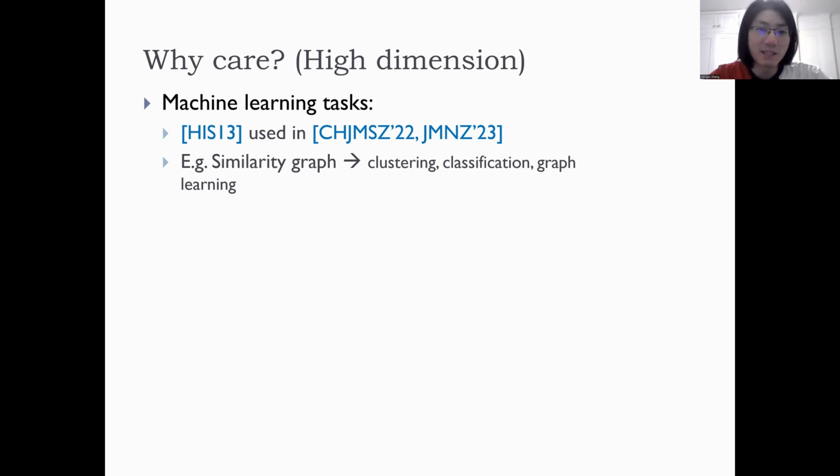And if two vectors are close, this suggests that these two images might represent the same thing. A recent paper used the spanner building technique from HRS 13 to build structures like a similarity graph, which is a downstream step for multiple tasks like clustering, classification, and graph learning.